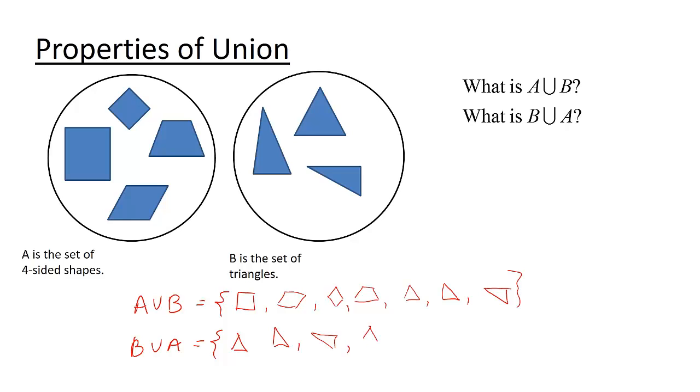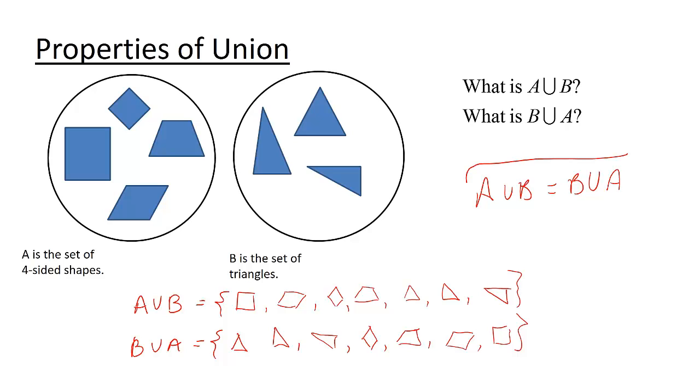Maybe you wrote them down in a different order, and that's totally okay. So it turns out that these two sets are the same, and this is true always. So it's possible for us to write that A union B is always going to be equal to B union A.